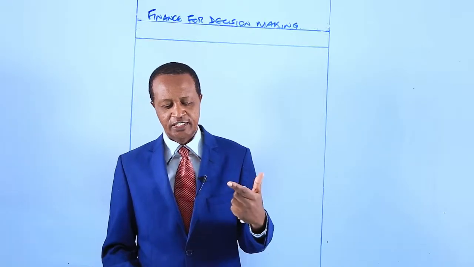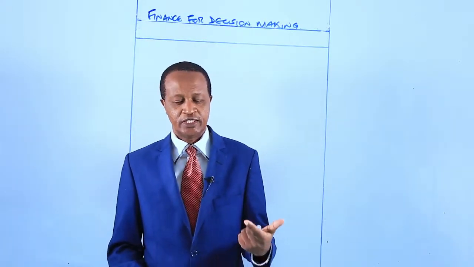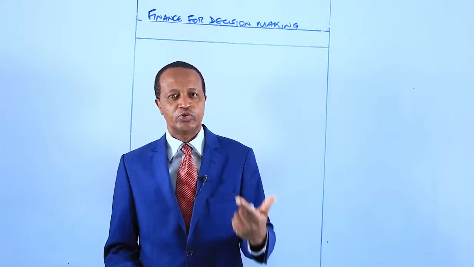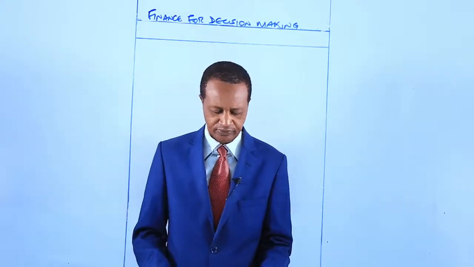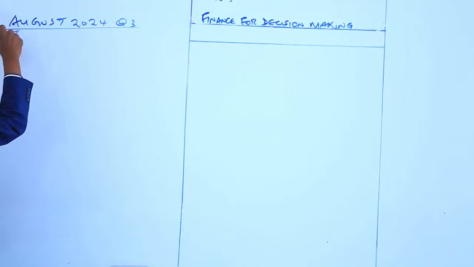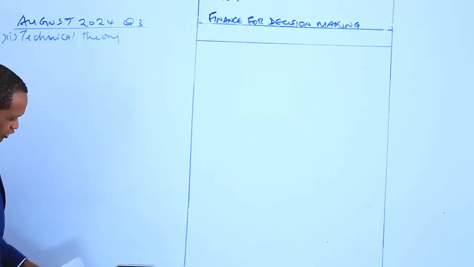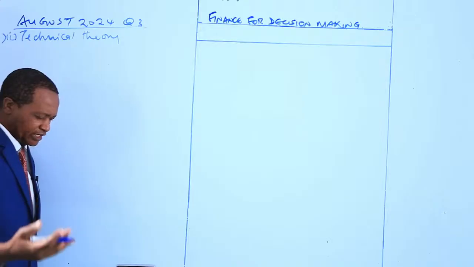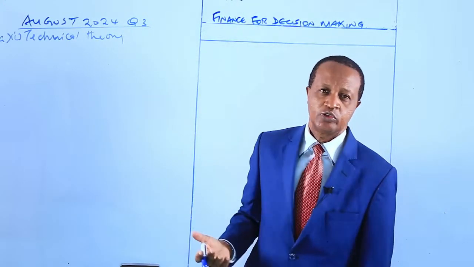Now, these are 3 theories of valuation of stock. These are stock valuation theories. The first one is technical theory. What do we mean by technical theory? Just 2 marks. Technical theory is one of the 3 stock valuation theories.